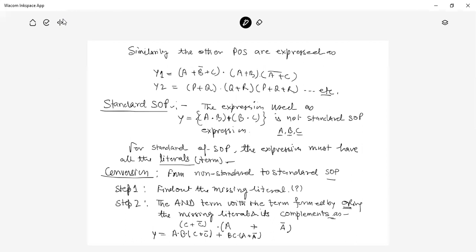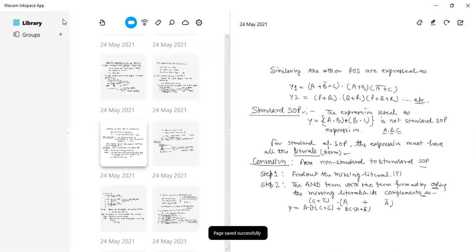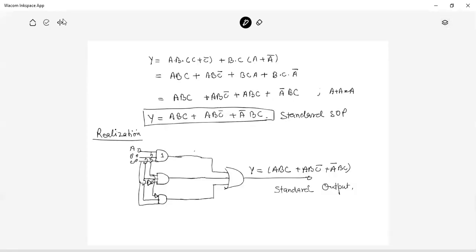Suppose in the first term A dot B, C is missing, so take C ORed with C complement, that is C bar, and then multiply. In the same way we do the second term. Then step 3 is formulating and solving.